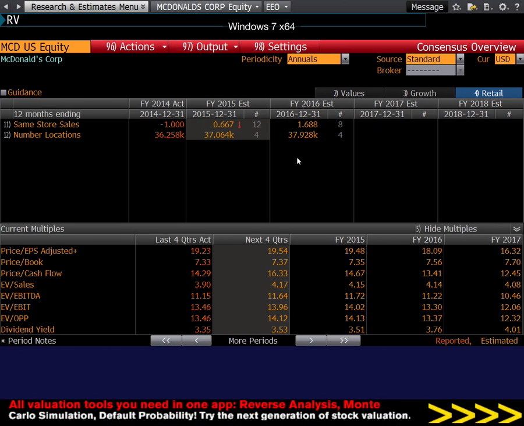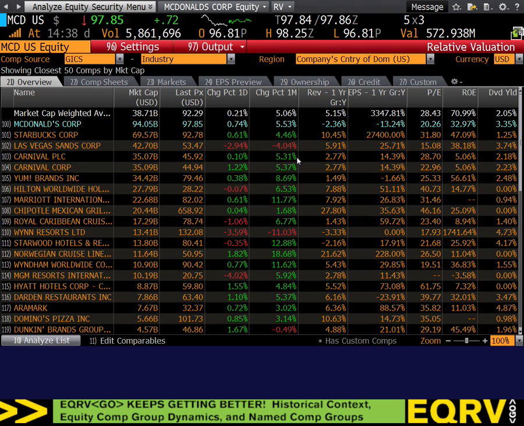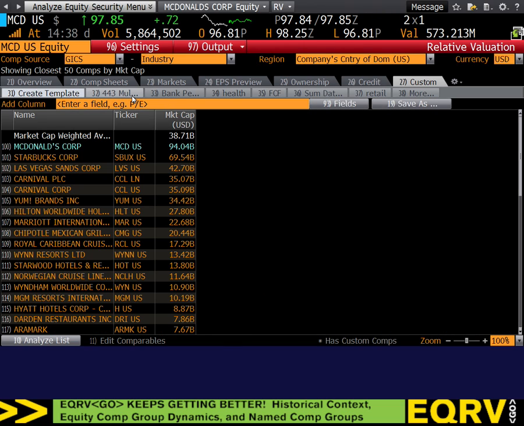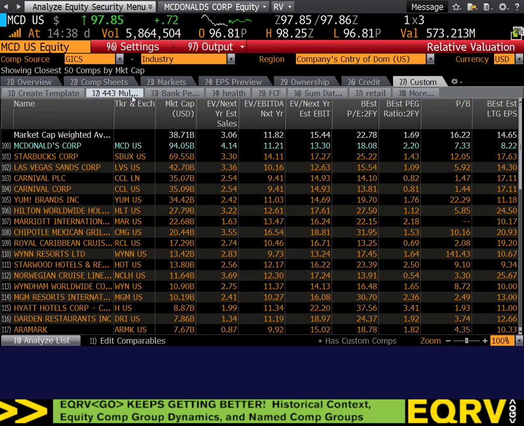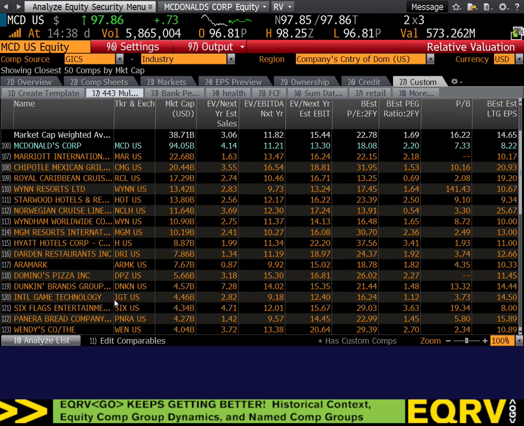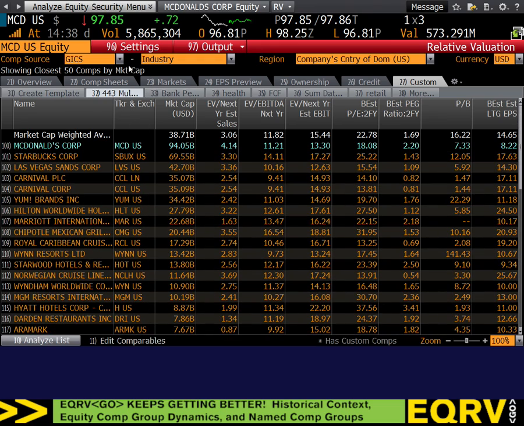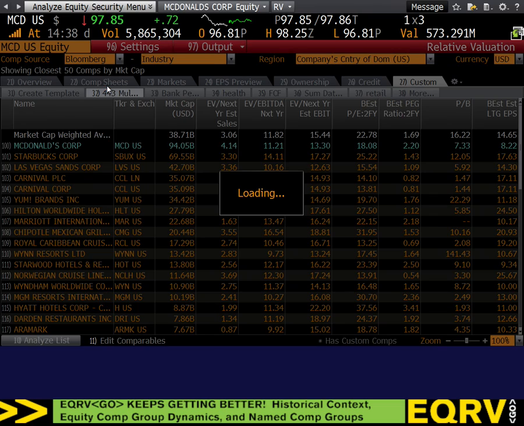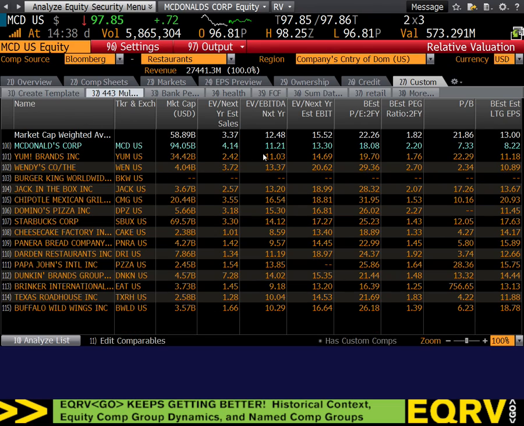If I go to the RV screen, I can look at these multiples for the peers. Yum, where's Yum? Leave it on this list. Bloomberg peers. There we go. EV to sales 2.42.